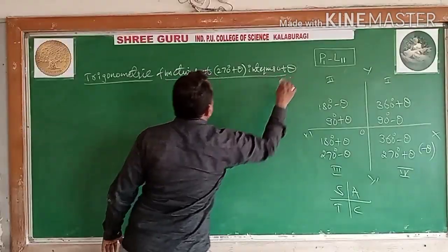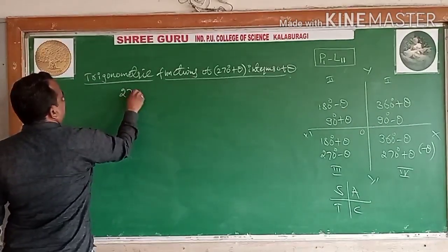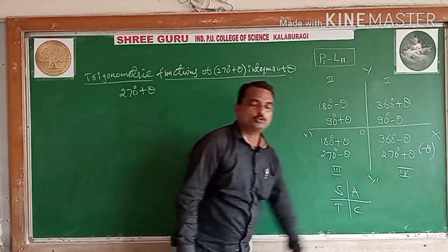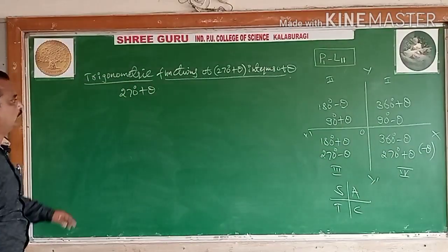Let us say 270 plus theta. Which quadrant is it? 270 plus is the fourth quadrant. The position of this angle is the fourth quadrant.